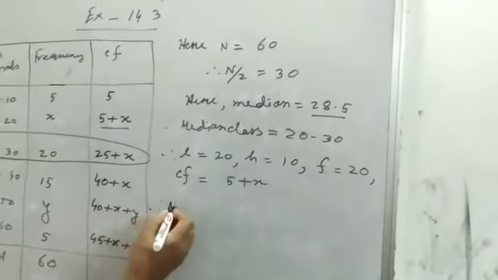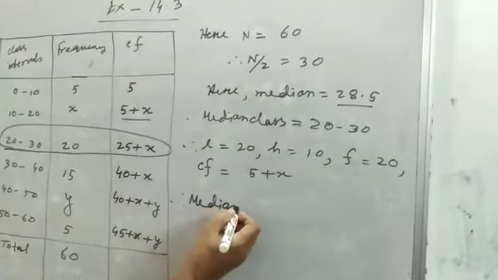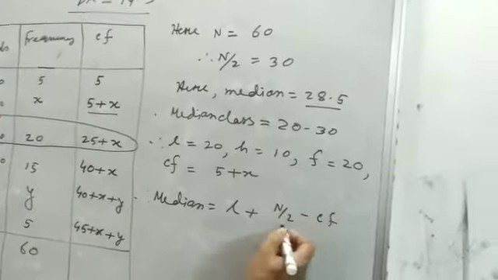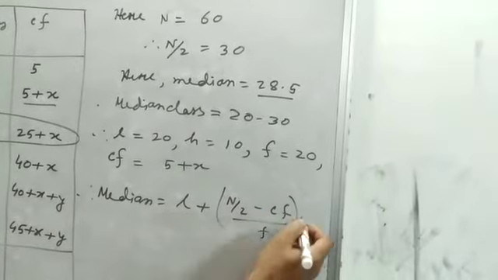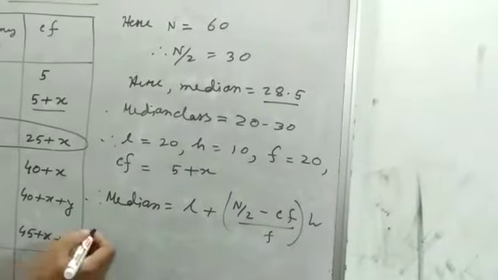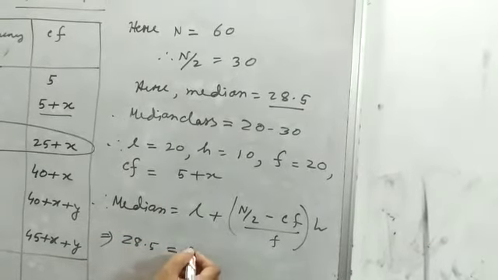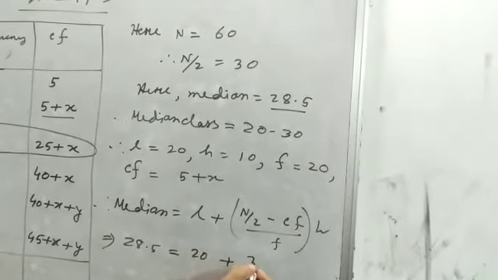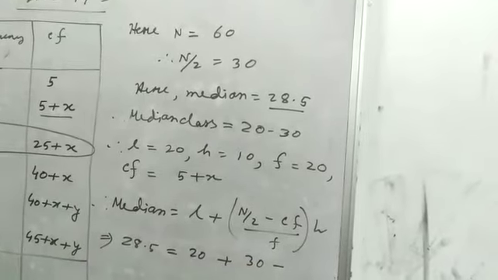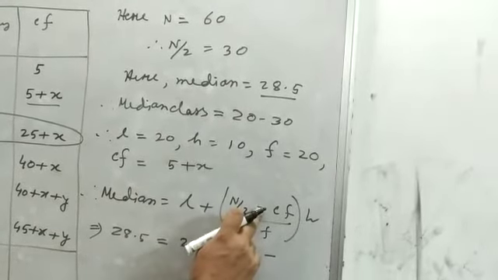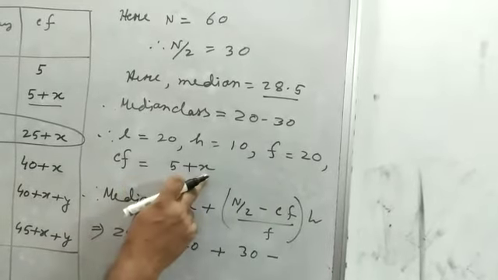So we know the median formula: median equals L plus (n by 2 minus CF) by f, into h. Median is given as 28.5, lower limit is 20, n by 2 is 30 minus CF. Since CF has two terms, the sign is minus, so both signs of 5 plus x will change.